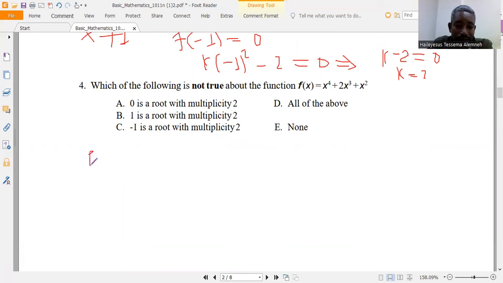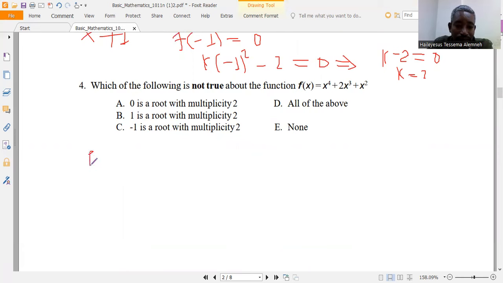So x to the power of 4 plus 2x cubed plus x squared is given. Let's find the roots of this equation, because most of the choices are talking about roots of the polynomial function.